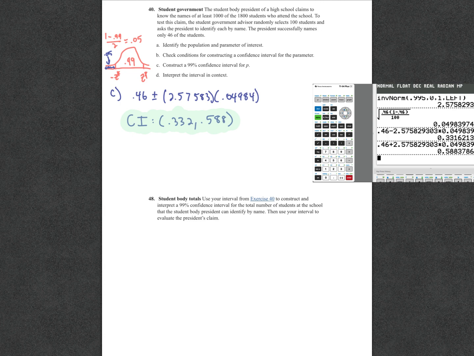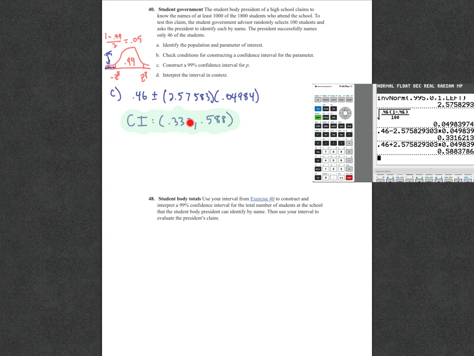The only thing you really have to know is this is a confidence interval for a proportion of the population. We can be 99% confident that the true proportion of students that the student body president can name is in this interval.